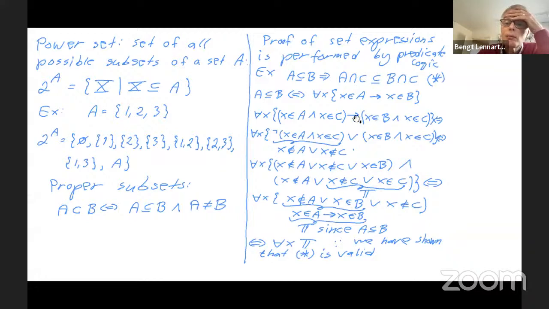So here I have a conditional statement, which I can then replace with or and the negation before this. So this is equivalent to not the first statement or the second statement. And then I take the De Morgan here, and that means that I have now X does not belong to A, or X does not belong to C, or, and what is coming after that.